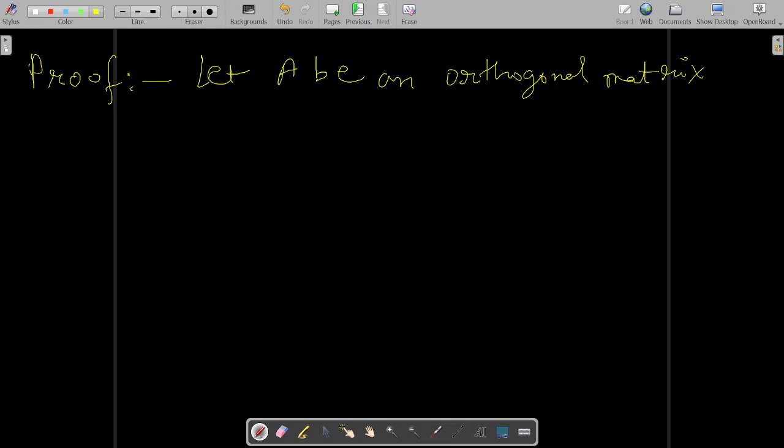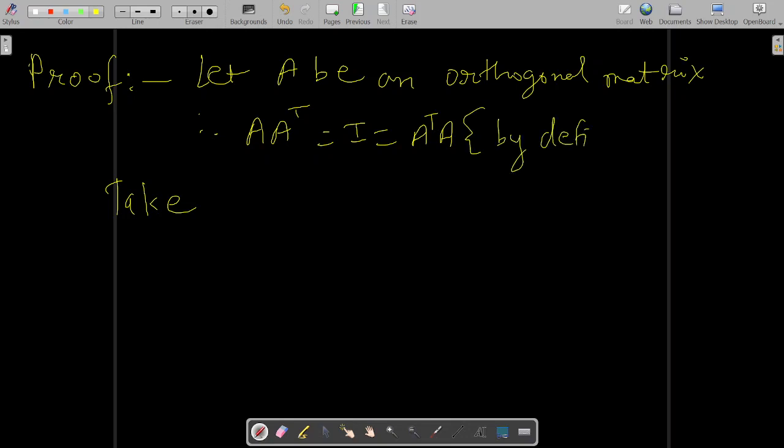I had already told you, by definition of orthogonal matrix, A A transpose will come out to be equal to I, and that will be equal to A transpose A. This is by the definition of orthogonal matrix.